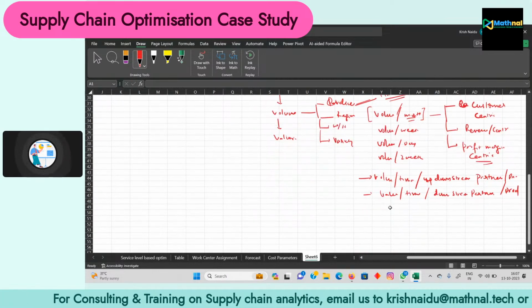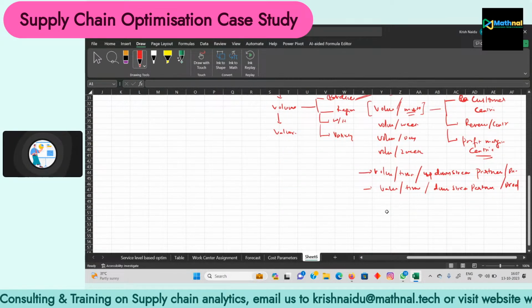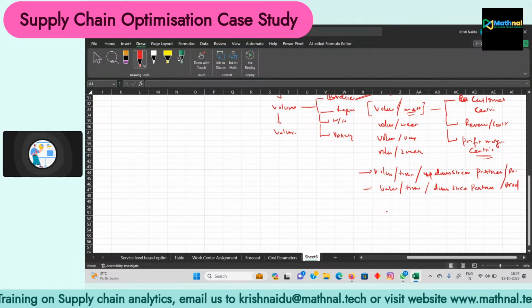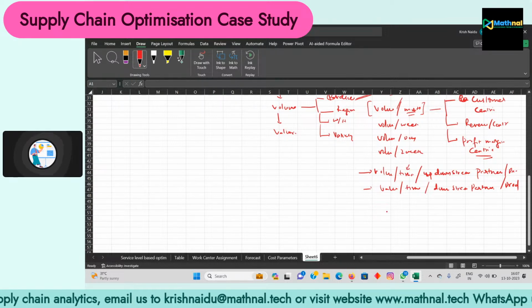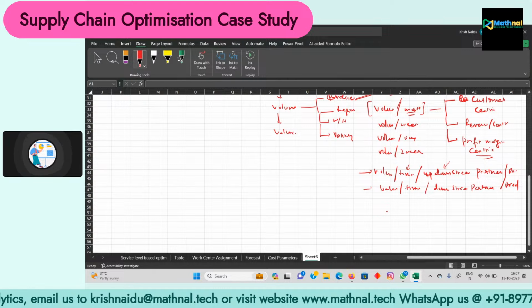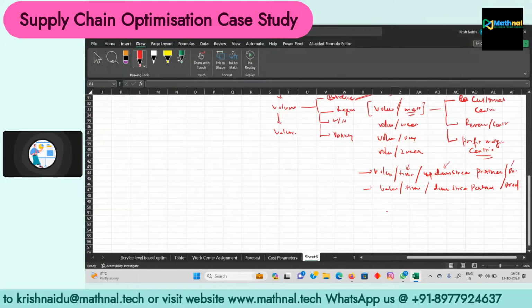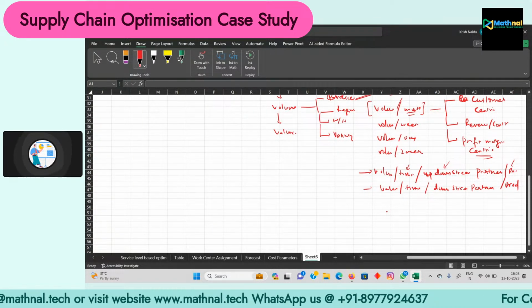So we are trying to bring the volume perspective, the value perspective, the time perspective, the downstream partner perspective, and the product perspective. So all these perspectives are coming.